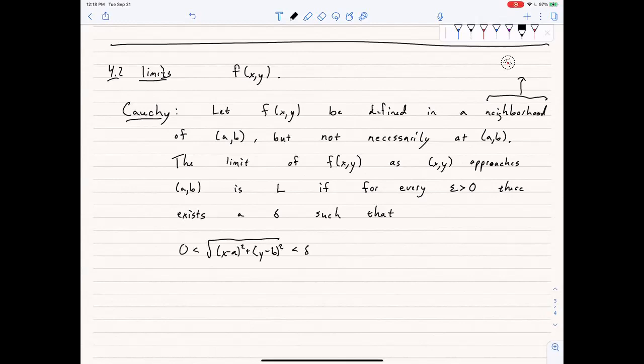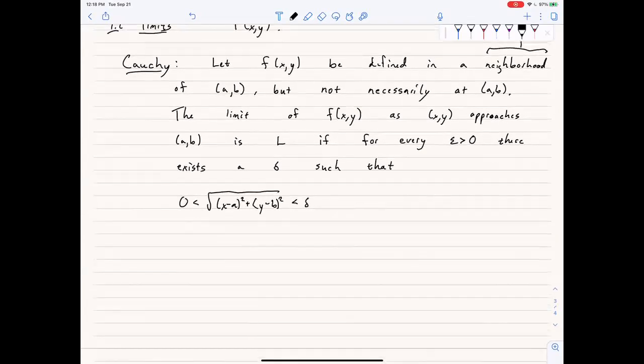Greater than zero just says it's not the point itself. If I have any point that's at most delta distance away, then the absolute value of f of x, y minus L is less than epsilon.